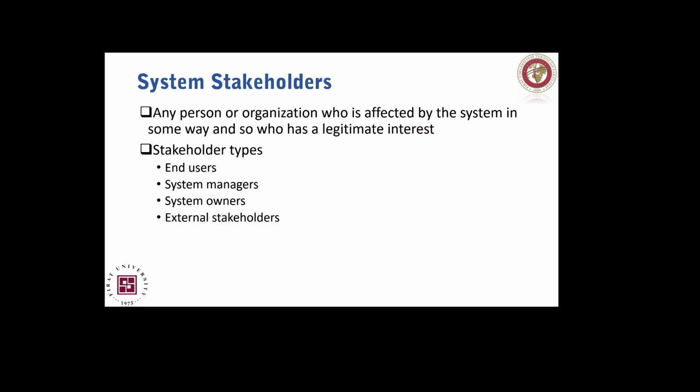System stakeholders. In brief, system stakeholders are actually anyone, or any party, not necessarily a person, who's affected or who's influenced or who has legitimate interest in the software being developed. So you may think about end users. Well, they are interested in the software being developed. System managers also, they are interested in the software being developed, the owners of the system.